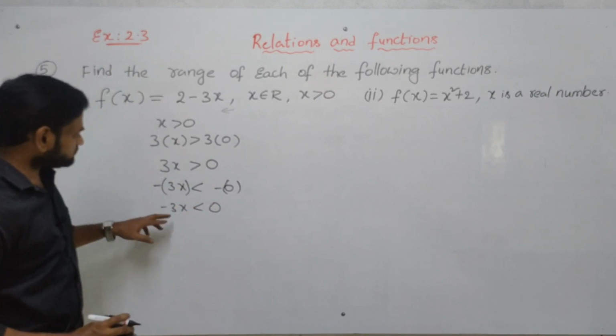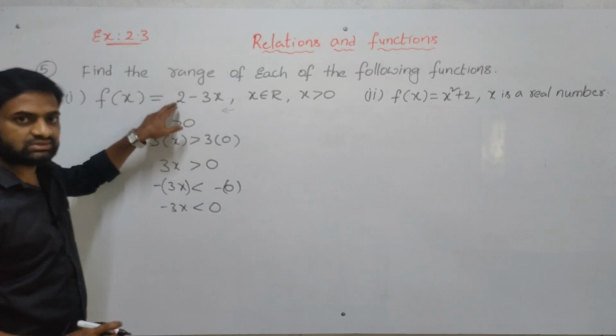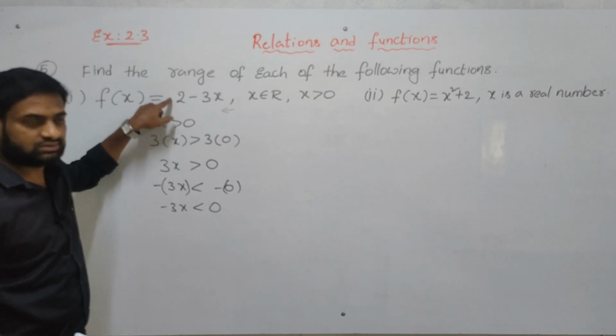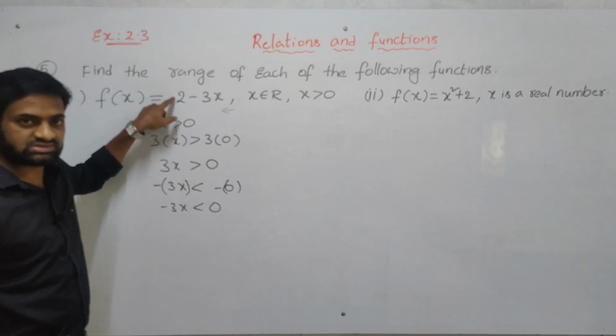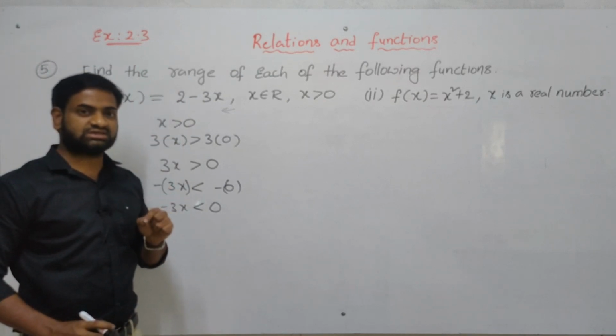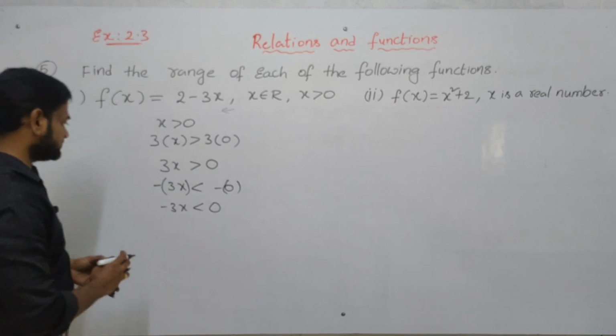Next, after minus, what is the term? It is plus 2. There is no sign here, which means it is plus. So plus 2 is there, and we have to add 2 on both sides.